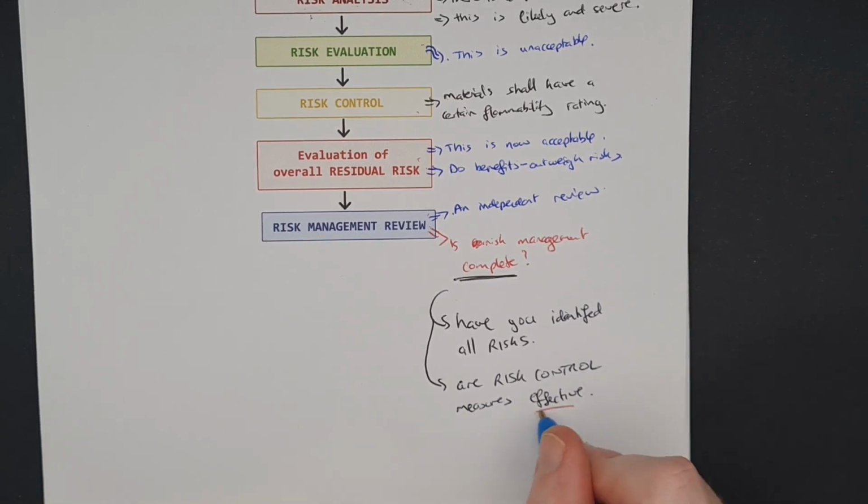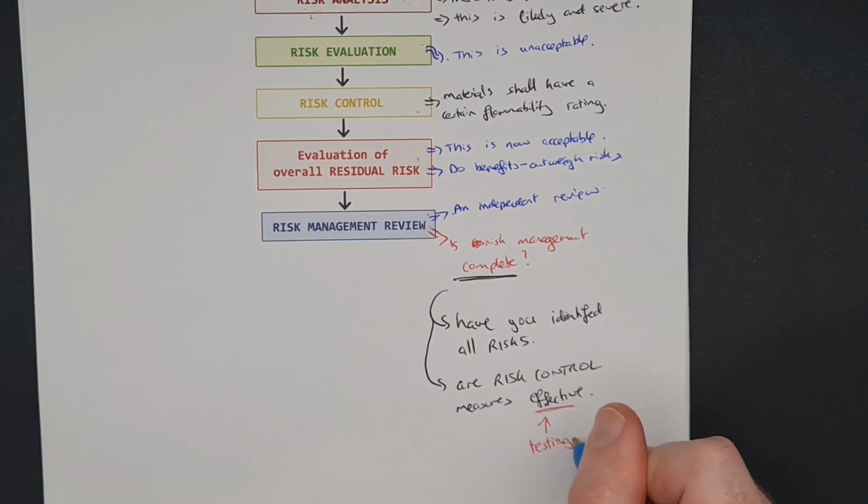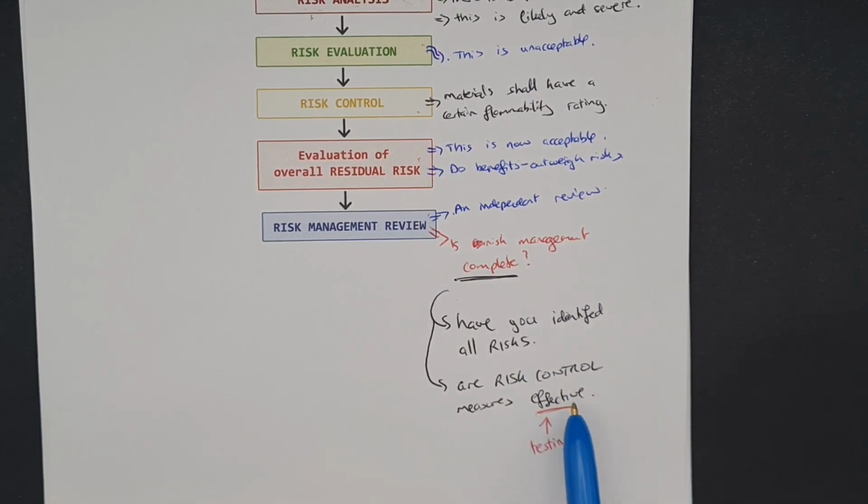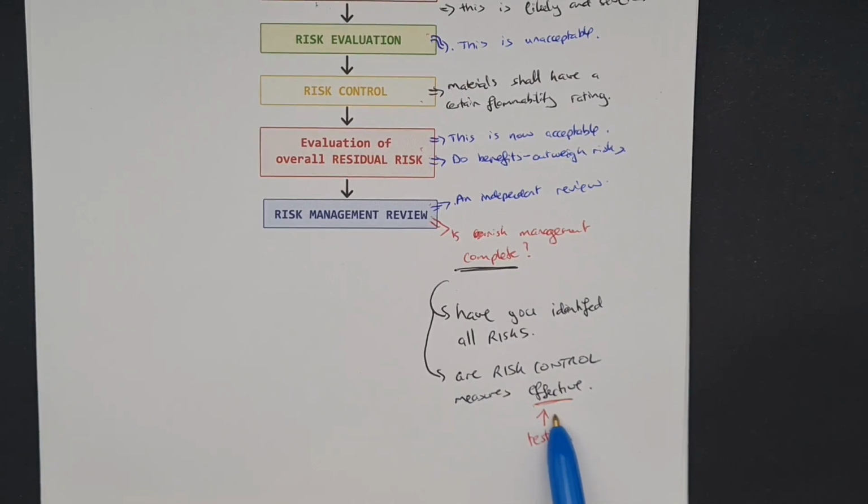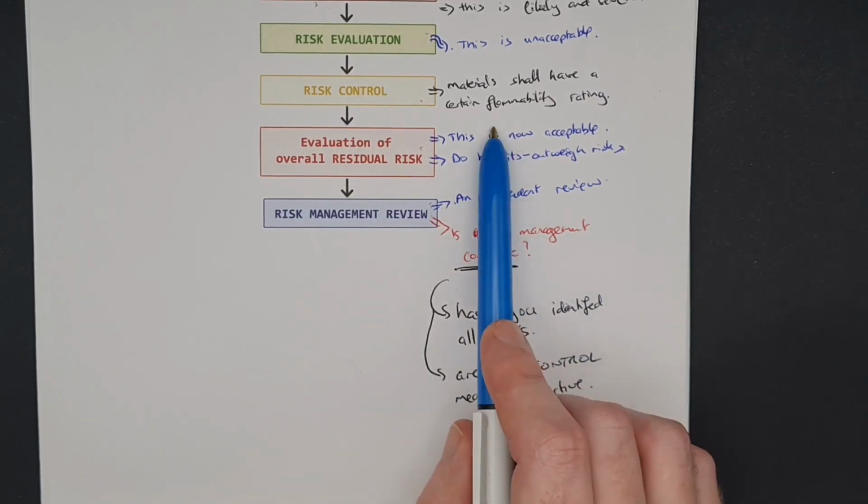If you want to prove that all the risk control measures in your user manual are effective, you're going to want simulated use testing where you have people actually following the instructions and trying to use the device. It's not always going to be testing, say validation testing. It can also be product verification testing, design verification testing, or in this case, it'll just be checking that the materials you use have suitable flammability ratings because they were tested once off to prove that they have that flammability rating, etc.